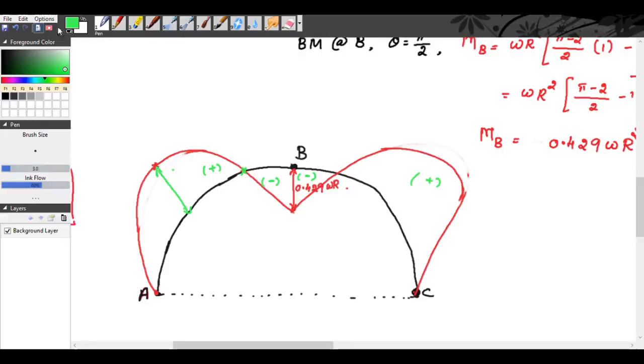So first of all, we will find the maximum bending moment.